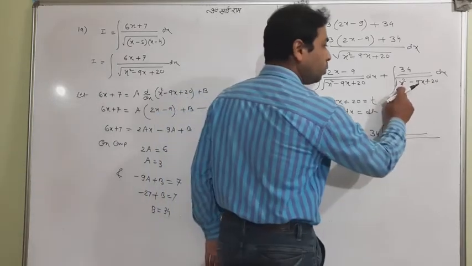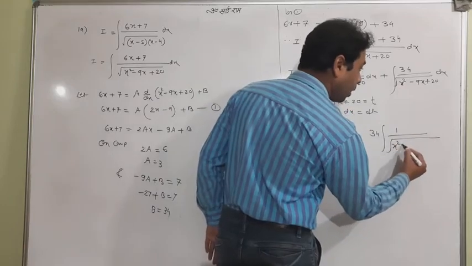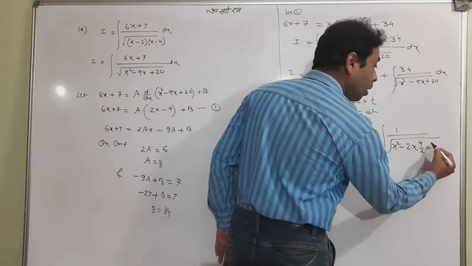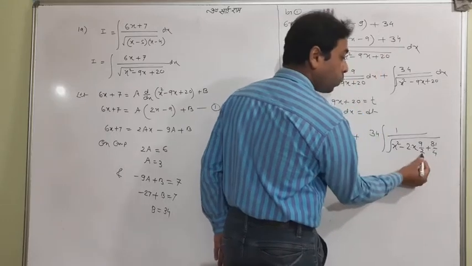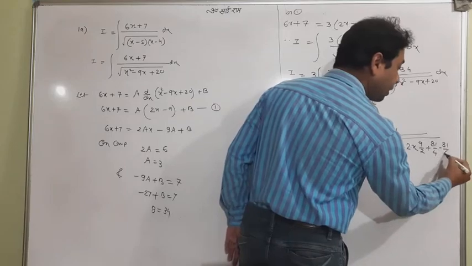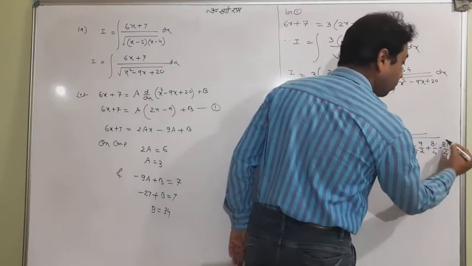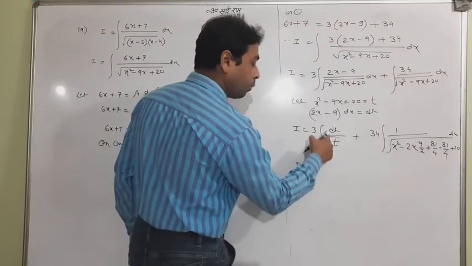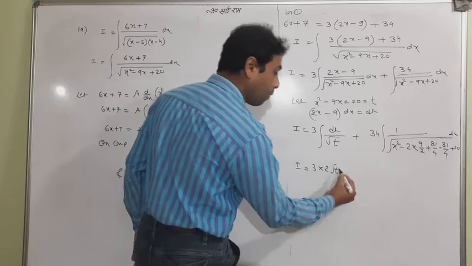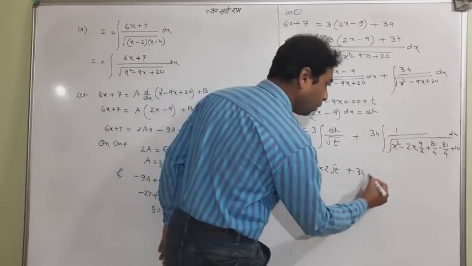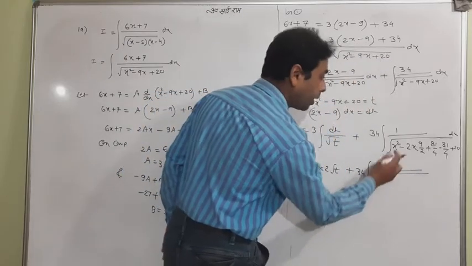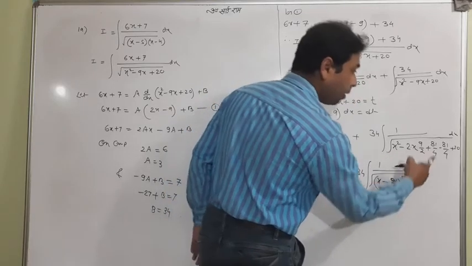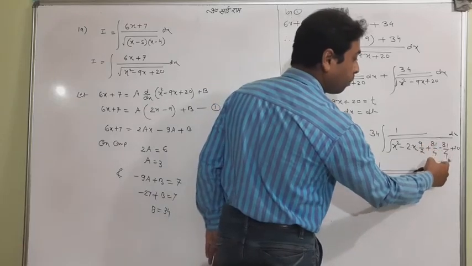So I am going to use the so-called method: a² − 2ab, where b is half of 9 by 2, plus 81 by 4 as b², adding and subtracting, and plus 20 is the same, dx. So I is equal to 3 into 1 by root t, which is 2 root t after integration, plus 34 times 1 upon, in the denominator, the first three terms will be (x − 9/2) whole square, and these two will be −81 by 4 plus 20.